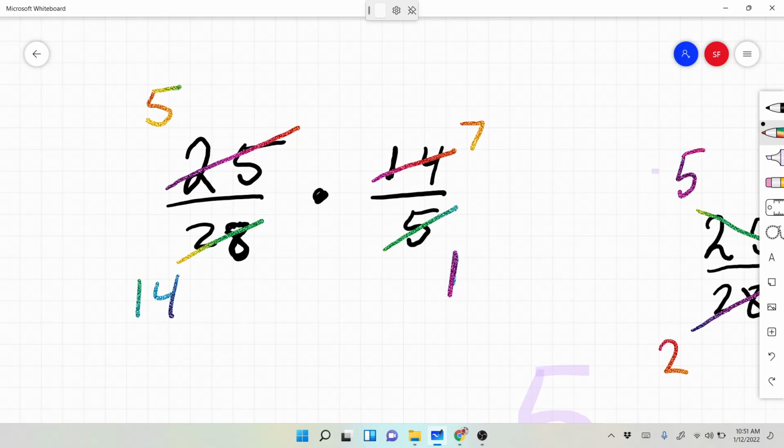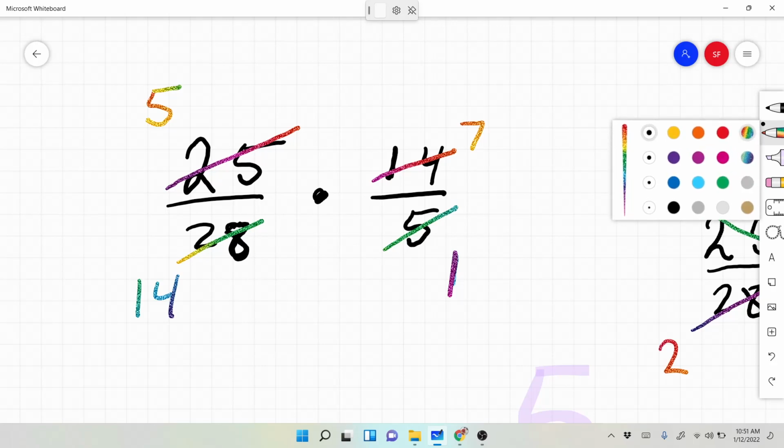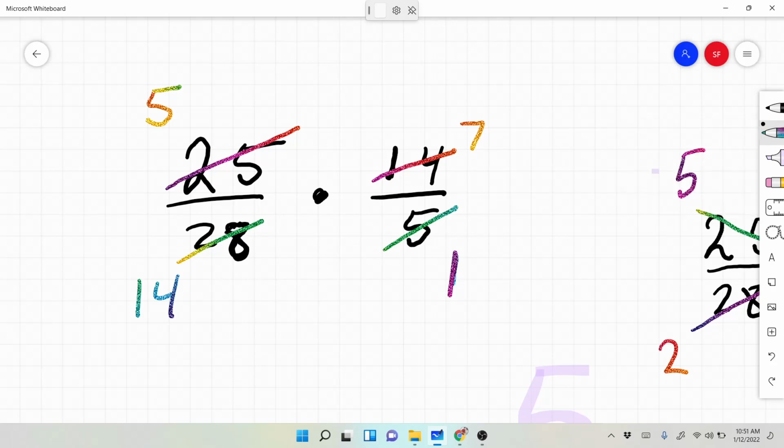You following? Okay. What goes into 7 and 14? 7 does. That's true. What's 7 divided by 7? 1. What's 14 divided by 7? 2. So now we can't reduce anymore, right?